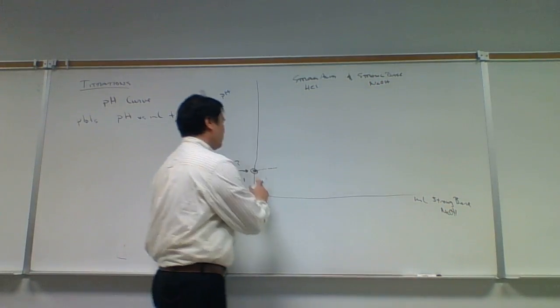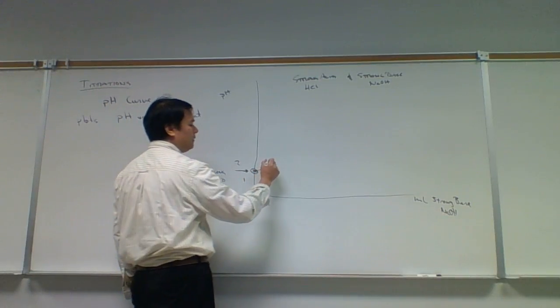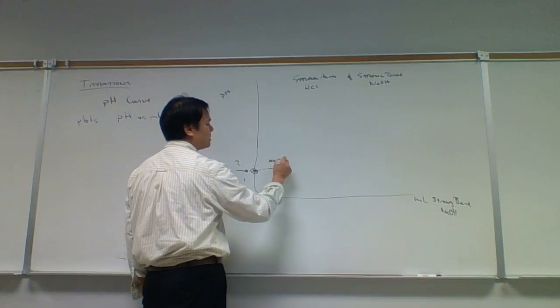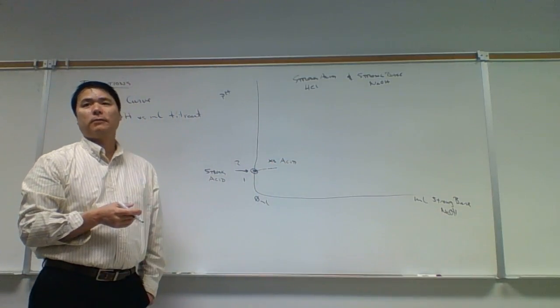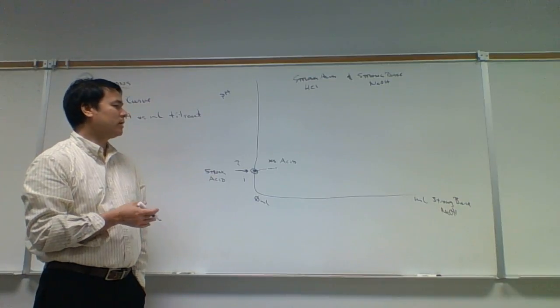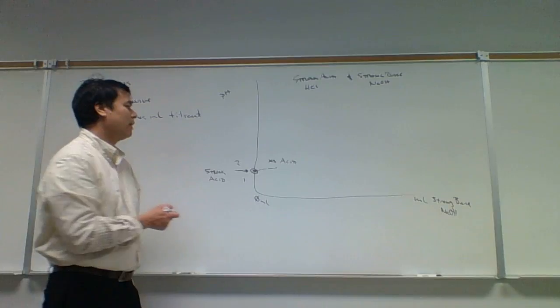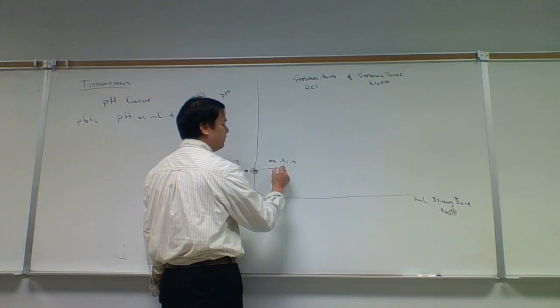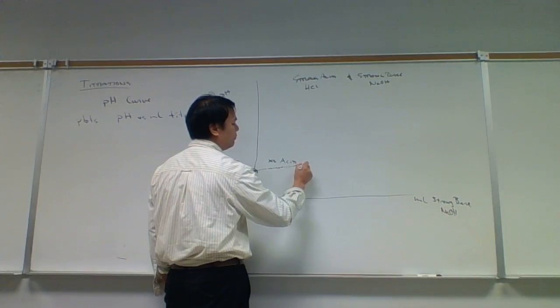We start adding sodium hydroxide, but it's not enough to neutralize all the acid. So what we have in this region is called the excess acid. In step 1, you would react the sodium hydroxide. The sodium hydroxide is completely consumed, and you have excess acid left over. It's HCl, and so the pH is going to be quite low.